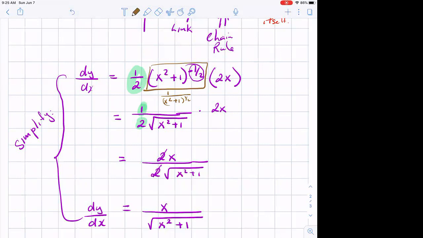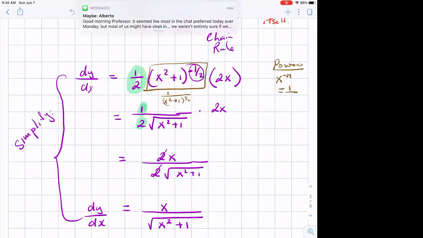Meaning that's that 1/2 power to the right of the thing you just boxed in? Yes. Negative power means fraction, 1 over what we have. You have to recall powers: x to the minus n means 1 over x to the n.